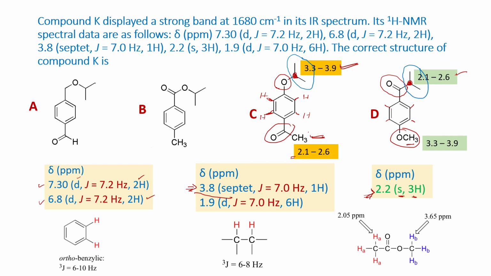Similarly, here it is also a singlet due to 3 protons, but it will not be observed at 2.1, rather it will be observed at 3.3. So this singlet does not match the chemical shift value presented here. And so the answer for this particular question will be C.